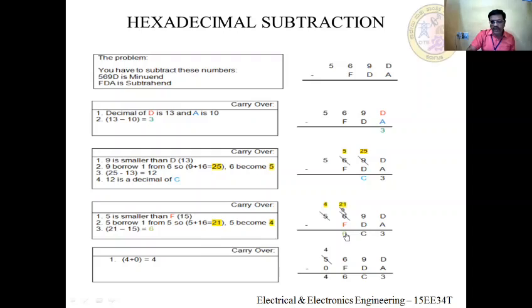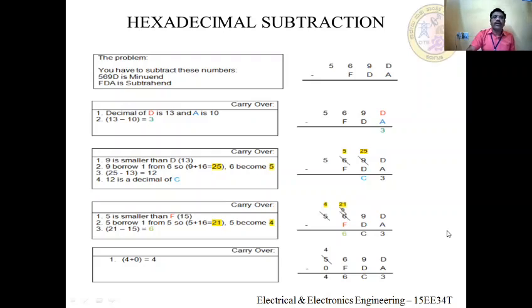So the answer of step 3 is 6. Let us go to the next step. In step number 4, we are supposed to take 4 minus 0. It is possible. 4 minus 0 is 4 only. So the final answer for this subtraction is 4, 6, C, 3.